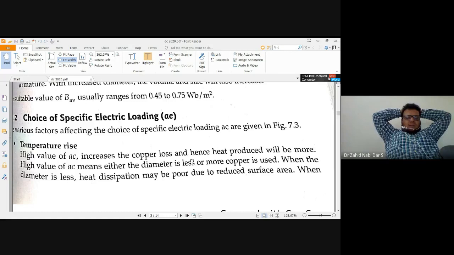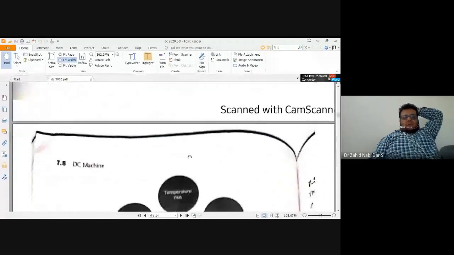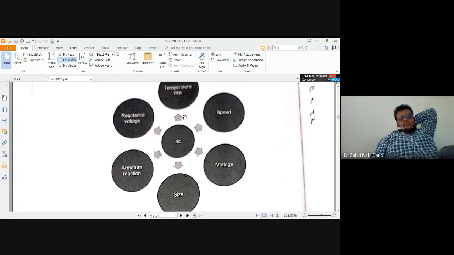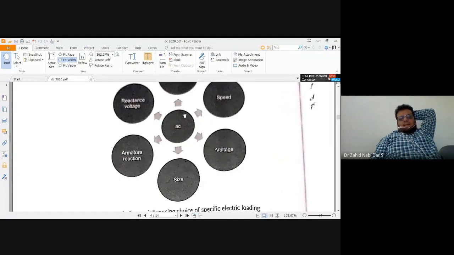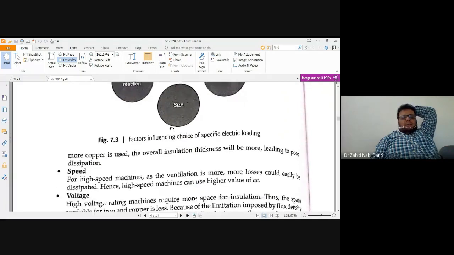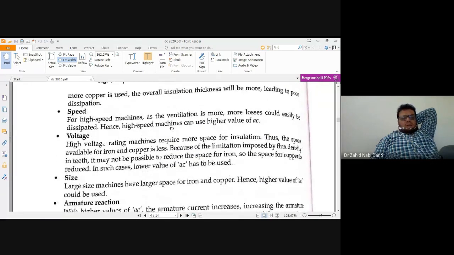When the diameter is less, dissipation may be poor because of the reduced surface area. Ampere conductor depends upon temperature rise, size, voltage, and reactance voltage. To reduce this reactance voltage, we use compensating winding inside the machine. This is speed, this is the armature reaction. So the overall insulation thickness will be more, leading to poor dissipation.